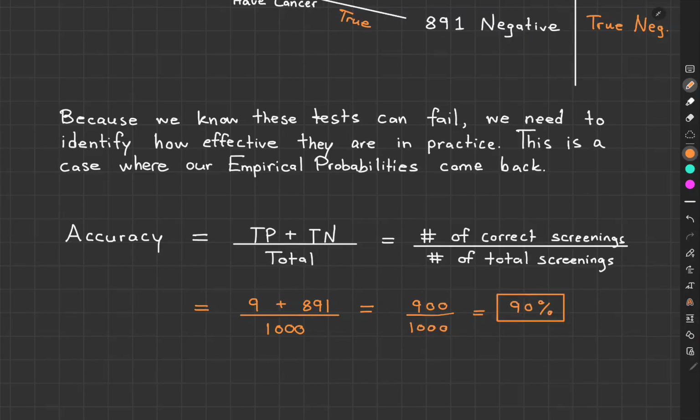So that's not bad. Out of the 1,000 people that came in for a screening test, 900 of them were correctly identified for their condition. But 10% were not, so that's still 100 people who were misidentified.